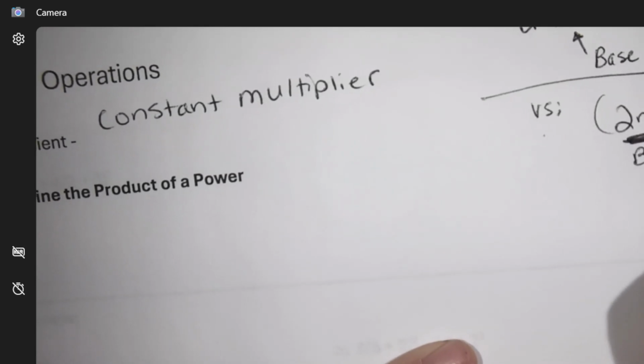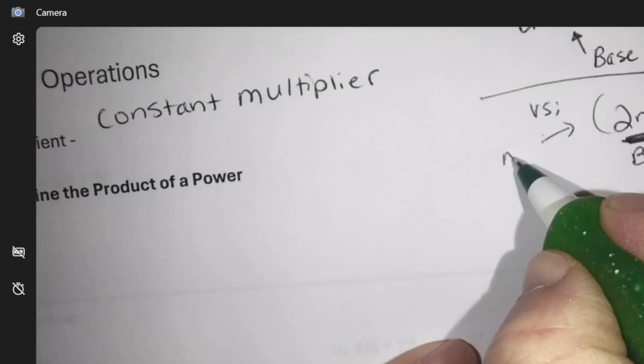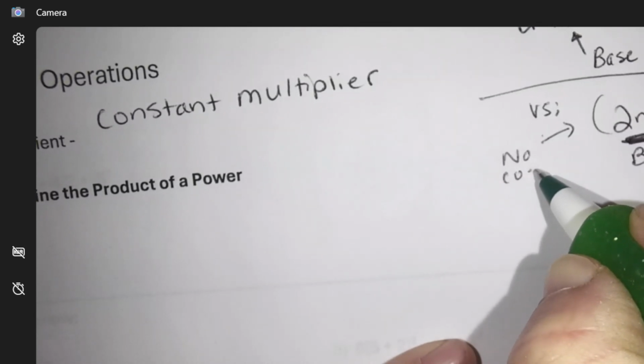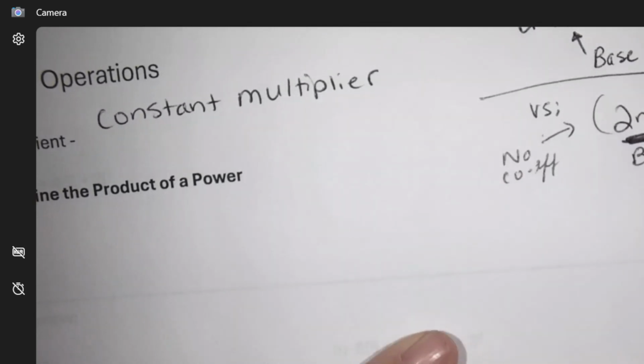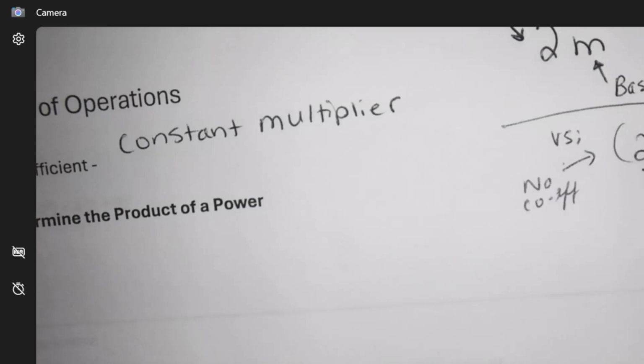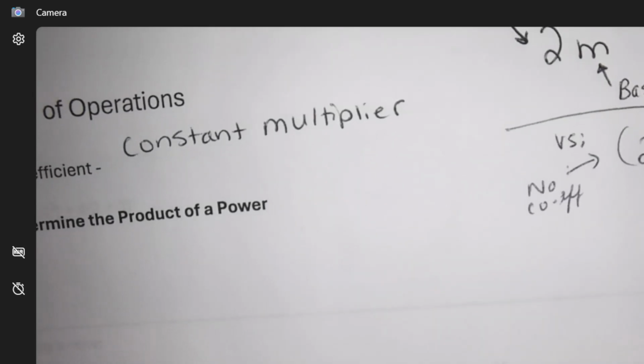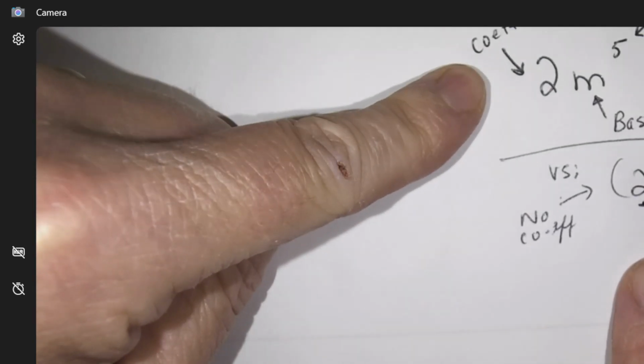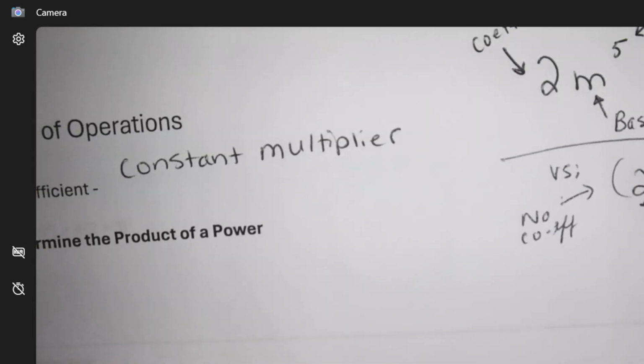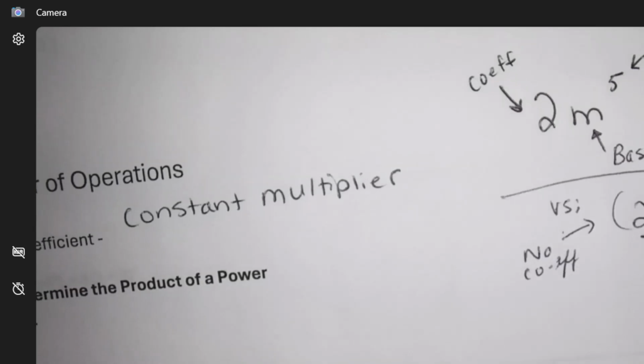It's the base now, the whole thing, exponent, and then there's no coefficient of that power. Okay? 2 is the coefficient within the base, but it's different. It's different than this.